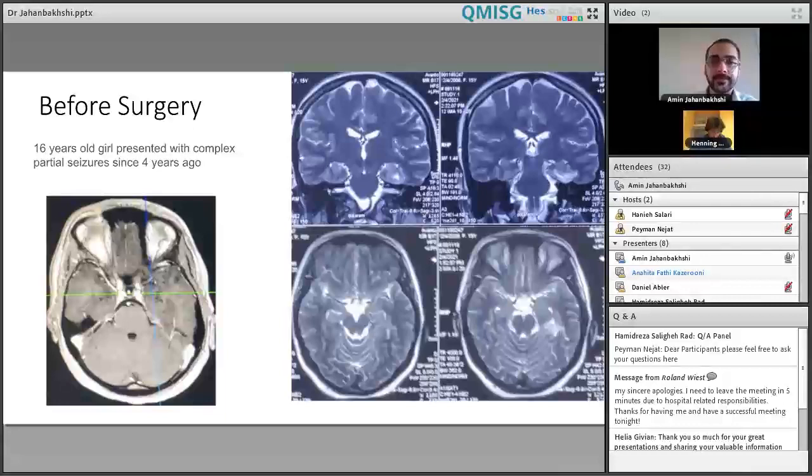But many times we are confronted with patients with this type of lesions that there is no seizure, there is no symptoms. So it is very important for us to know if it is a glioma or it is a non-important pathology.